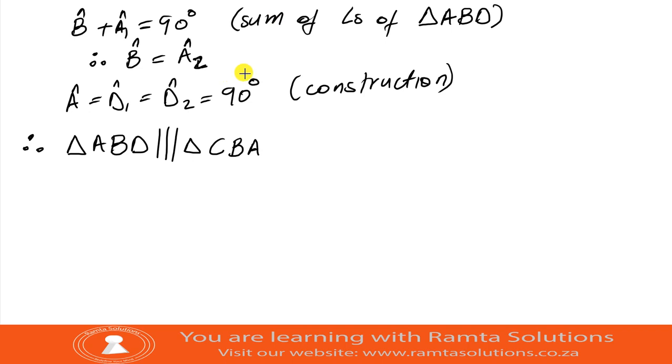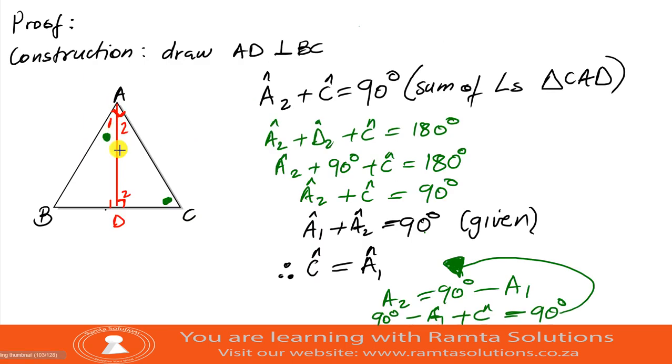Now I'm done with ABD and CBA. It's also similar to triangle, let's take CBA and let's call it ADC for now. We don't know the order, but we will find the order. Now, what we know so far is that for CDA here and ABC, we see that angle C is common.